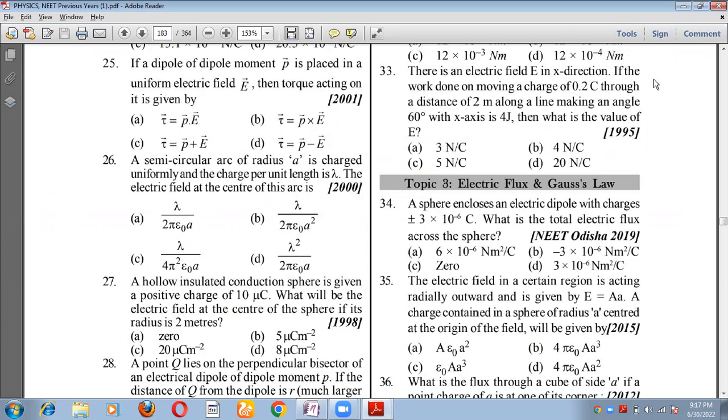If you solve this question 26 by the normal method, it will take at least 3 to 4 minutes, because it requires integration.